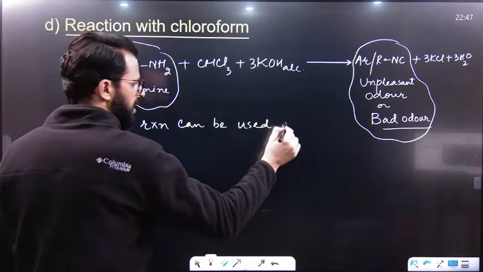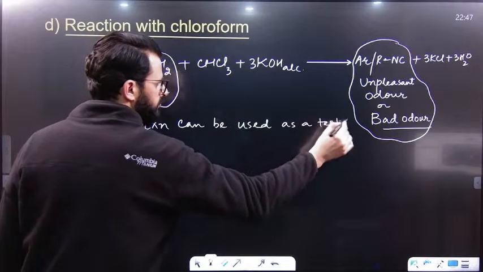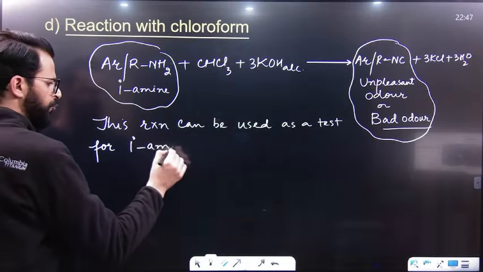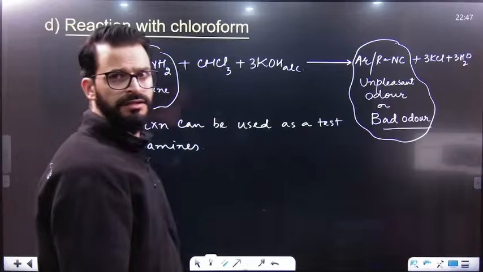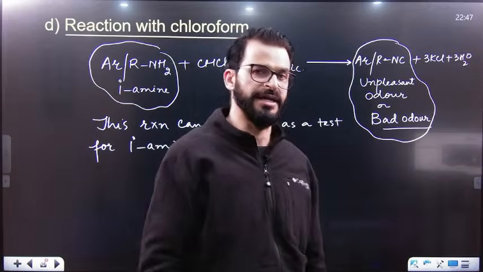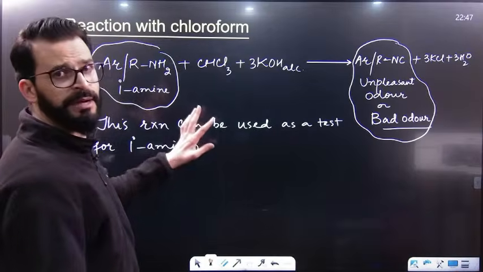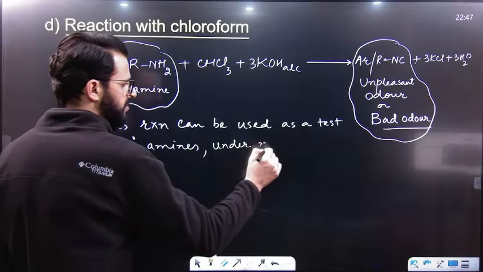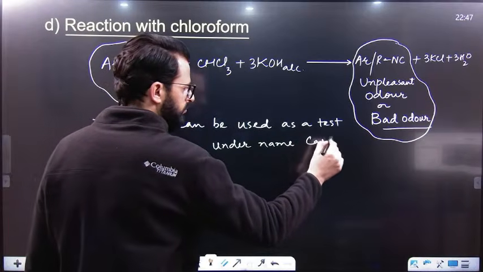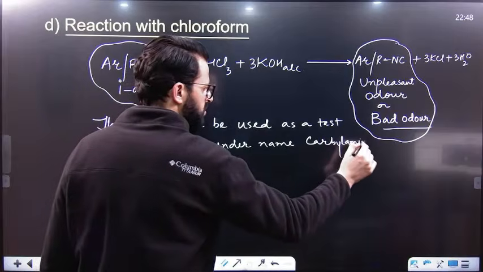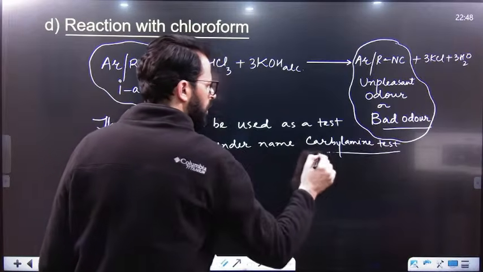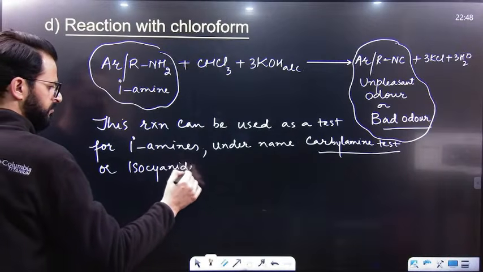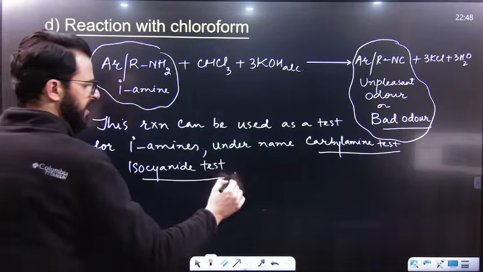This reaction can be used as a test for primary amines, or as a distinguishing test between primary amines and the rest of the amines. So this test is shown only and only by primary amine, and this test is named the carbyl amine test, or isocyanide test, or isonitrile test.